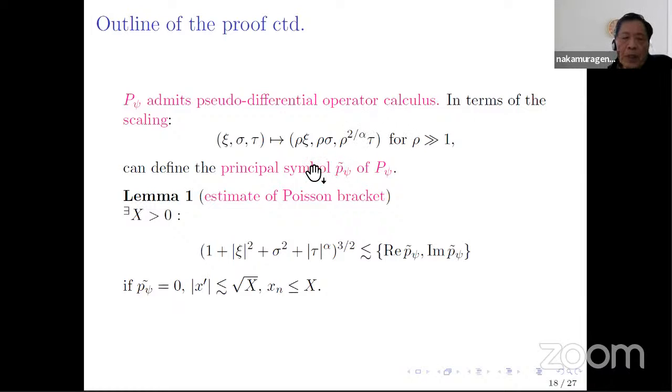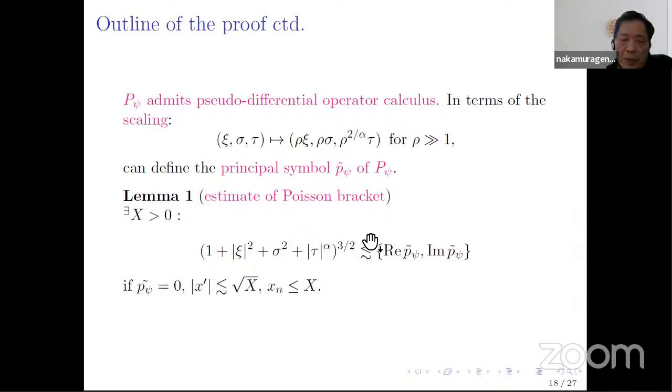First, we consider this kind of scaling for a large rho. Then we can define the principal symbol of P psi, denoted by p tilde of psi. And this principal symbol has the following estimate for its Poisson bracket. This is the Poisson bracket. And this one has the estimate from below.